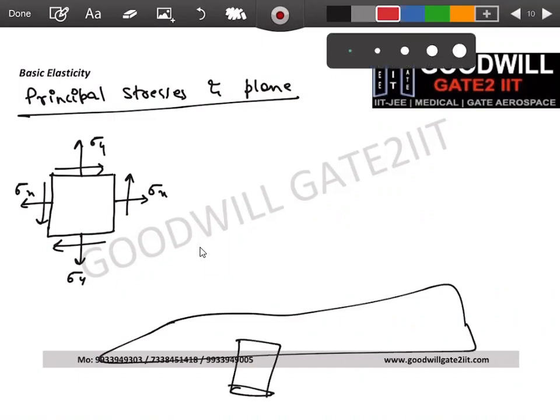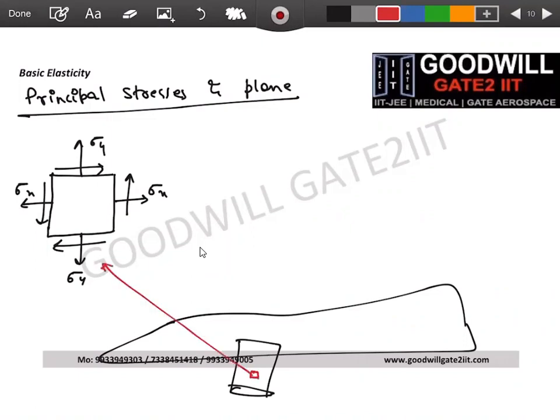So what you do is you take a small element from here and then zoom it. That's what the 3D stress element is. But in reality, you will cut a 3D stress element, right? As of now, we are analyzing a 2D stress element. We'll see there are different elements, plane stress, plane strain. But what if someone says, I don't like this, you cut it here and you have calculated sigma X, sigma Y. What if someone comes and cuts it like this?